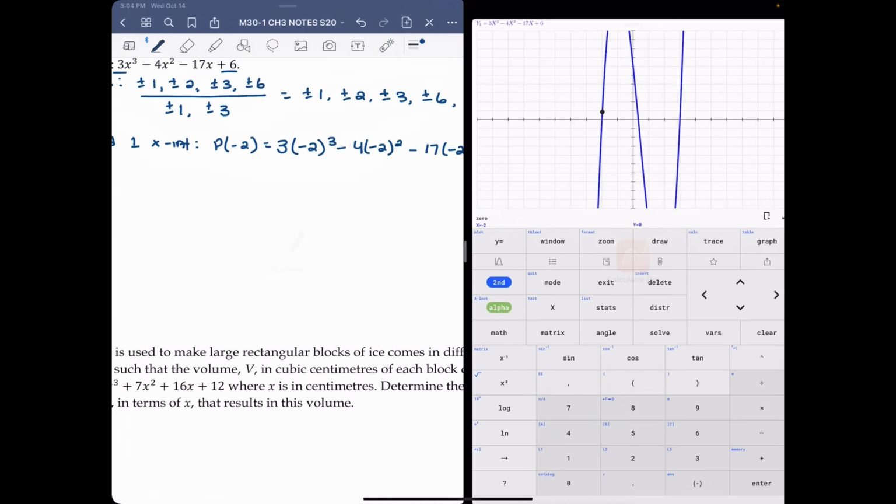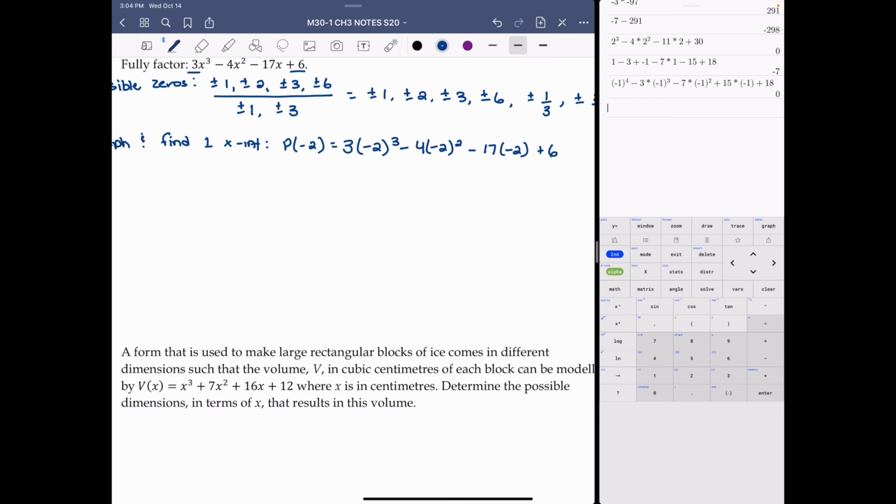It should. 3 times bracket negative 2 close bracket to the power of 3 out of the exponent minus 4 times bracket negative 2 close bracket squared minus 17 times negative 2 plus 6, and we get 0.